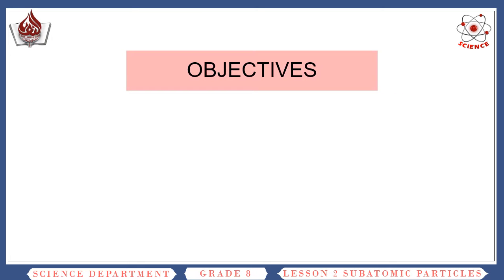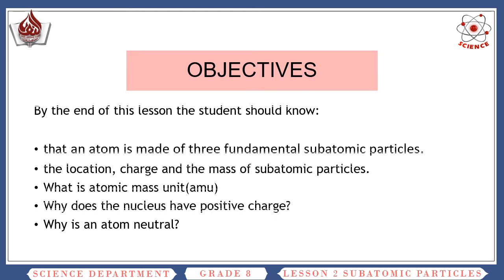Now, all of you must know our objective is to know the differentiation between the subatomic particles, the meaning of subatomic particles. Any atom is made up of three fundamental particles, and you should know its location, the charge of each, and the mass of each one of them.